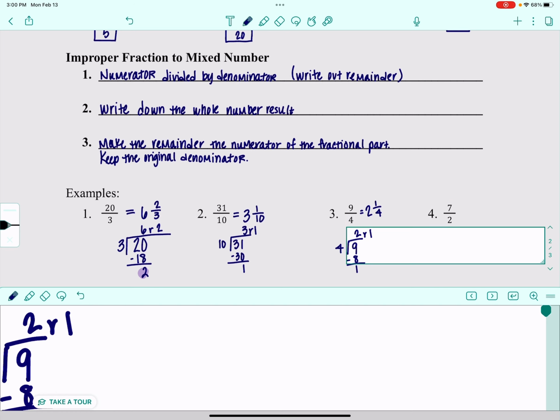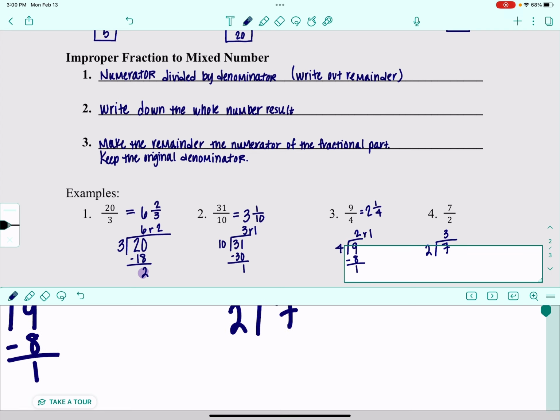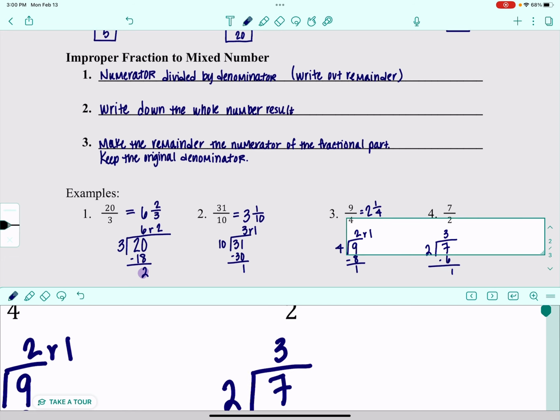Last one. I have 2 divided into 7. Well, I know 2 times 3 is 6. That leaves me with 1 for a remainder.